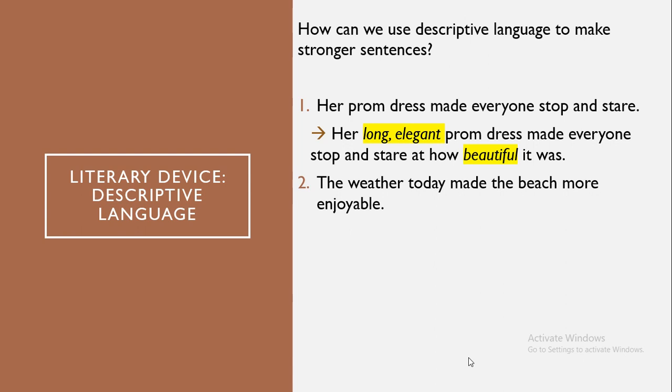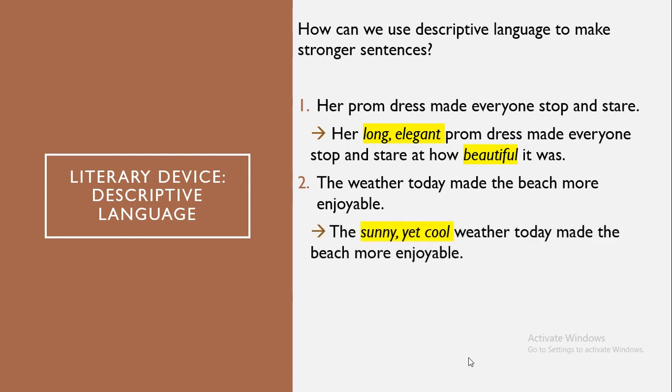So you could say something like, the sunny yet cool weather today made the beach more enjoyable. Then I'm like, oh, okay, so it was sunny and it might have had a little breeze too. That is pretty enjoyable. You have a clear image of what it was about the weather that made it enjoyable.